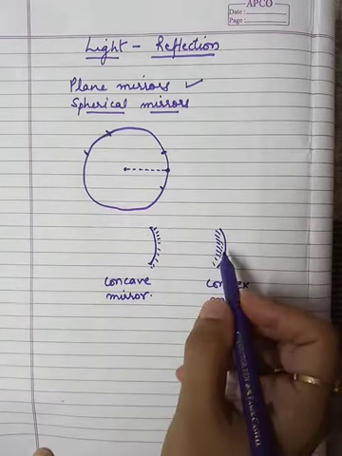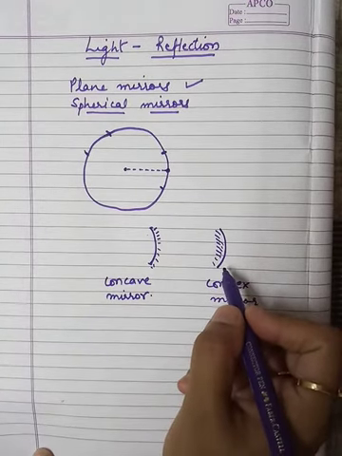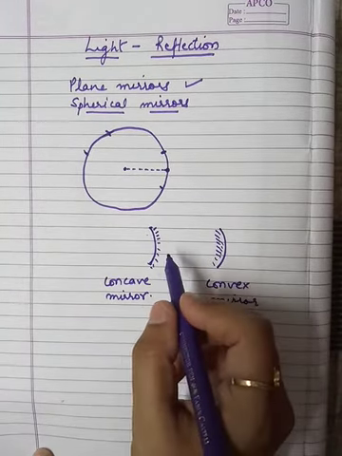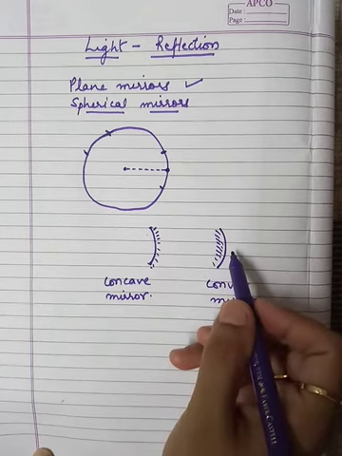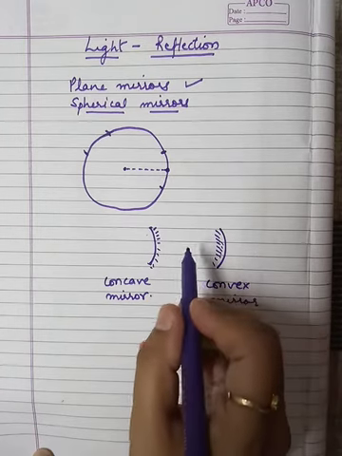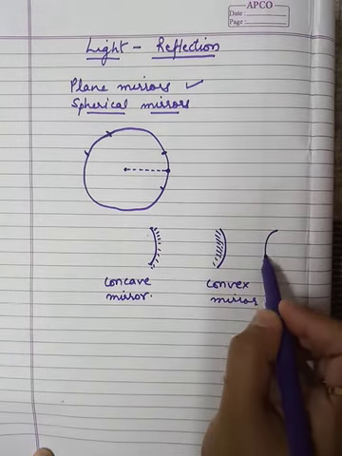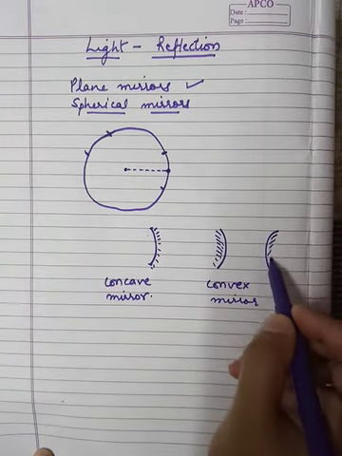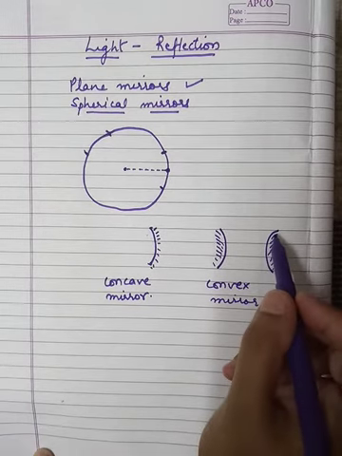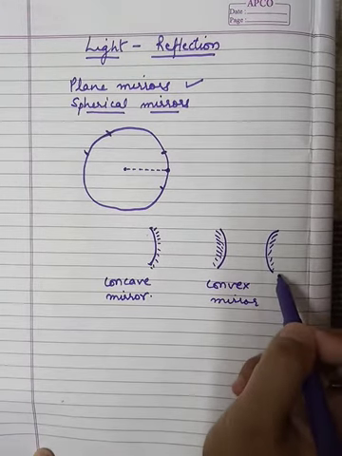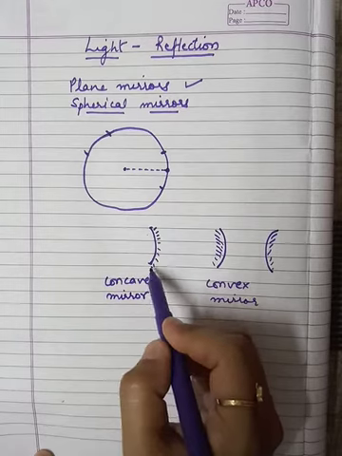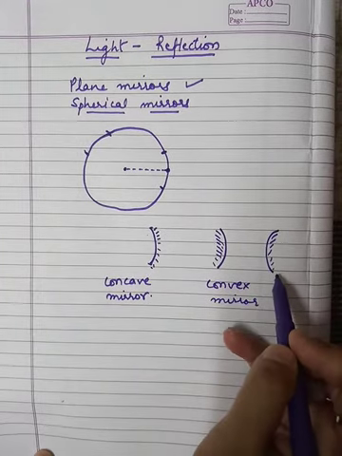We can always draw it to the other side, that means this polished surface can be on this side, so we will draw it like this. In your books you will see that it will always be like this. So this is the concave mirror and this will be your convex mirror.